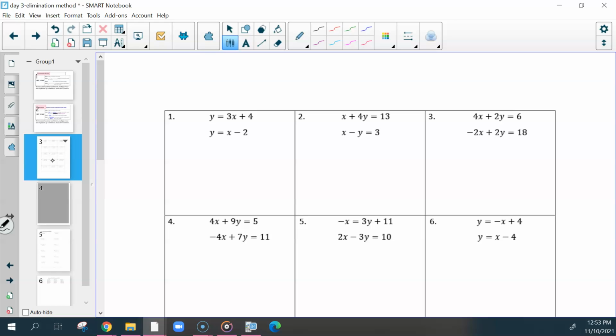X. Both x's have either a 3 or a 1. Y has the same coefficient. They both have 1, even though it's not there. So because they both have the same coefficient, y's are going to be the thing we eliminate or get rid of.